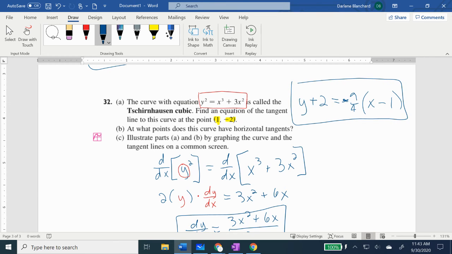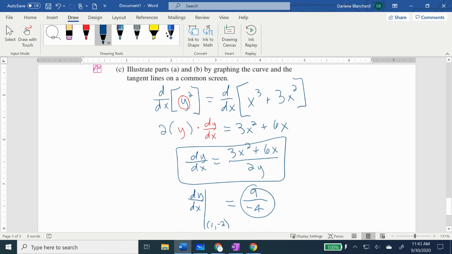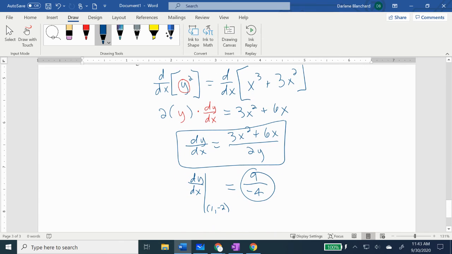That's part A. Part B wants to know at what points this curve has horizontal tangents. Horizontal tangents will occur when the derivative is equal to 0. But when I've got a fraction, the derivative will be equal to 0 when the numerator is 0, but also the denominator needs to not be 0 at the same time.